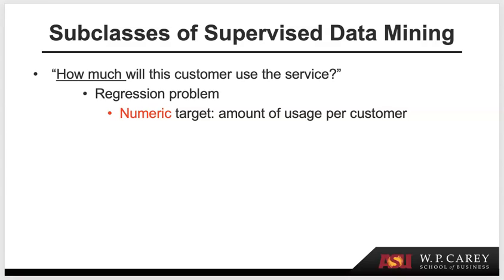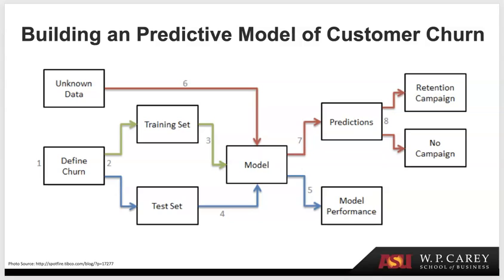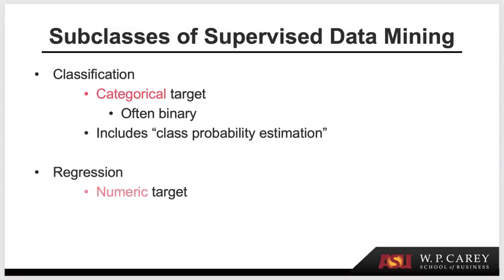Okay. So to recap, we talked about the typical set of steps you should follow when you build a predictive model. I illustrated this as a benchmark or reference model, and then we switched to the distinction between classification and regression.